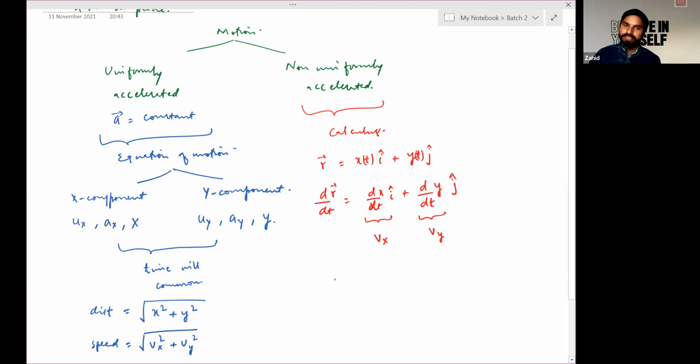Similarly, if you further differentiate it, you will get acceleration. So it will be d over dt of vx times i cap plus d over dt of vy times j cap. So this will give you acceleration and the previous will give you velocity.